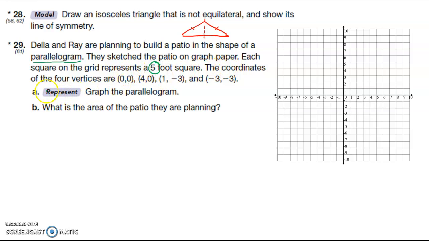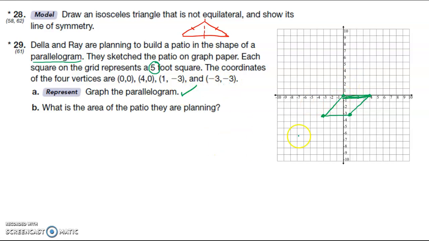The coordinates of the 4 vertices, or corners, are 0, 0; 4, 0; 1, negative 3; and negative 3, negative 3. So this is what their patio looks like. Oh, that's a straight line. Way to go. I graphed the parallelogram.